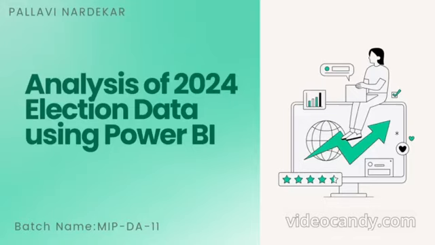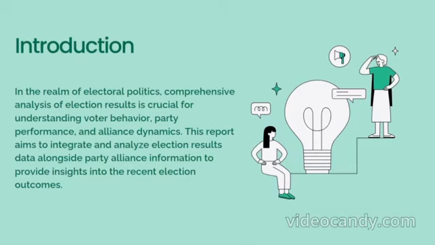Analysis of 2024 election data using Power BI is my third task of the Mentorness internship. In the realm of electoral politics, comprehensive analysis of election results is crucial for understanding voter behavior, party performance, and alliance dynamics. This report aims to integrate and analyze election results data alongside party alliance information to provide insights into the recent election outcomes.